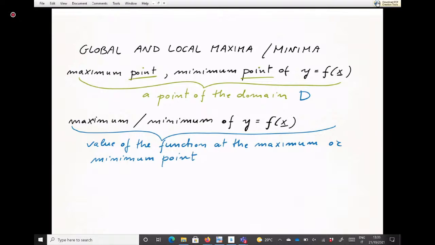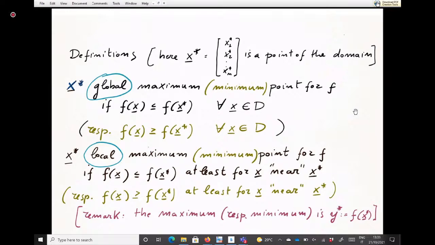Definitions. I have x star here in this definition, which is a point of the domain. X star is a vector, so it's made up of n components, x1 star, x2 star, xn star. What is the meaning of this statement? X star is a global maximum point for my function.